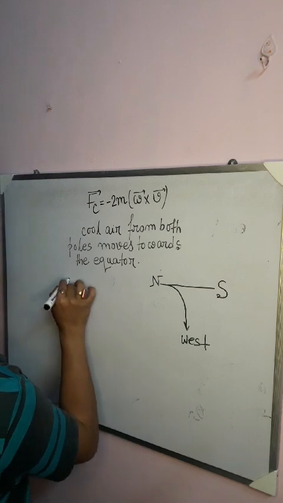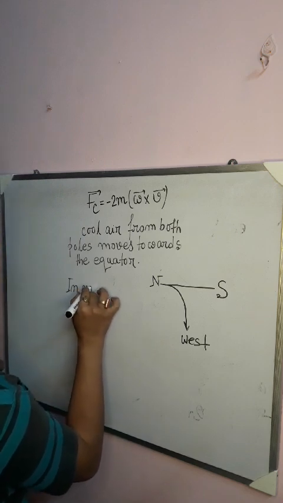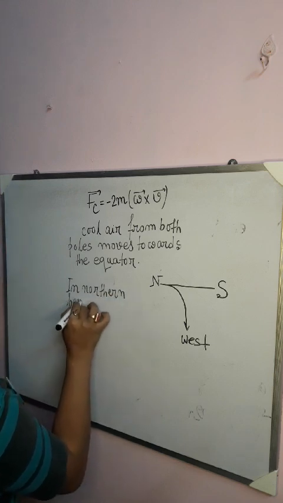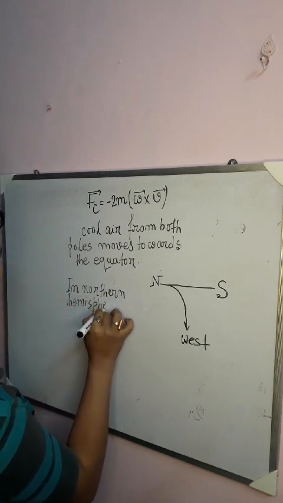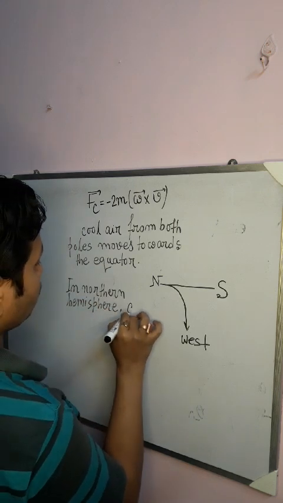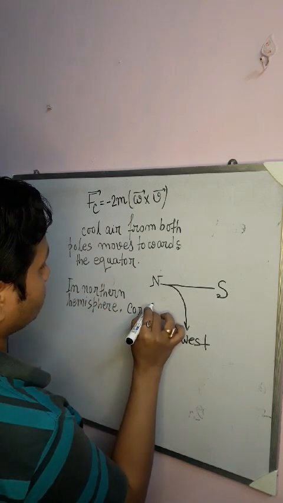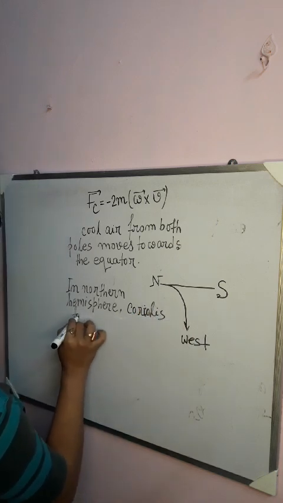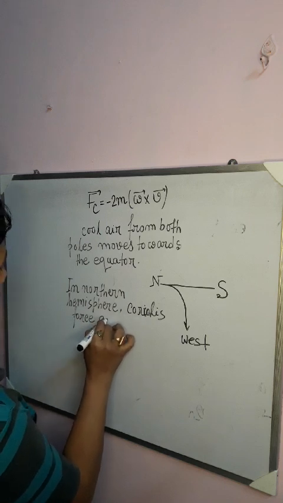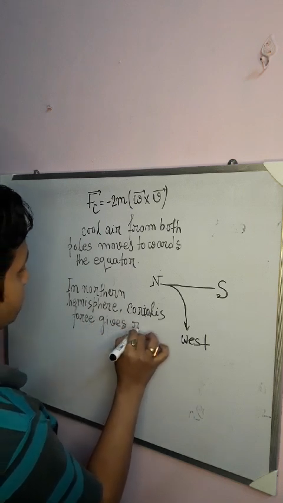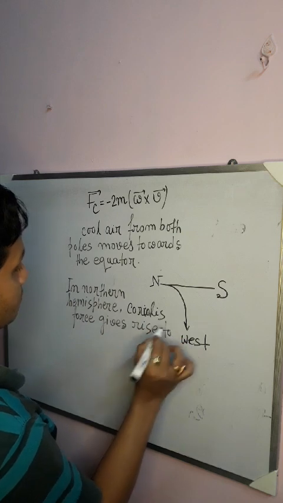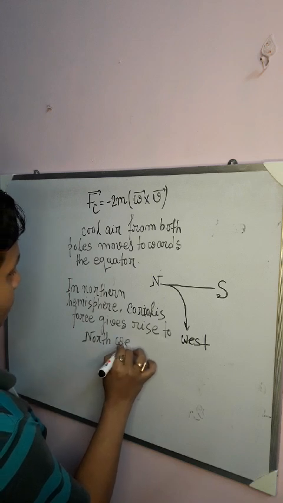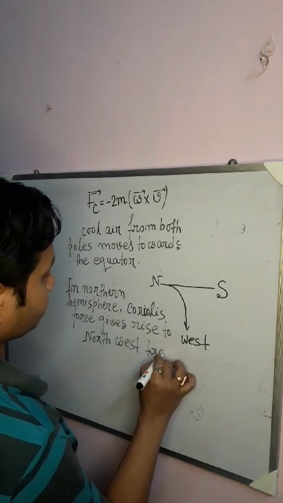So in northern hemisphere, Coriolis force gives rise to northwest trade wind.